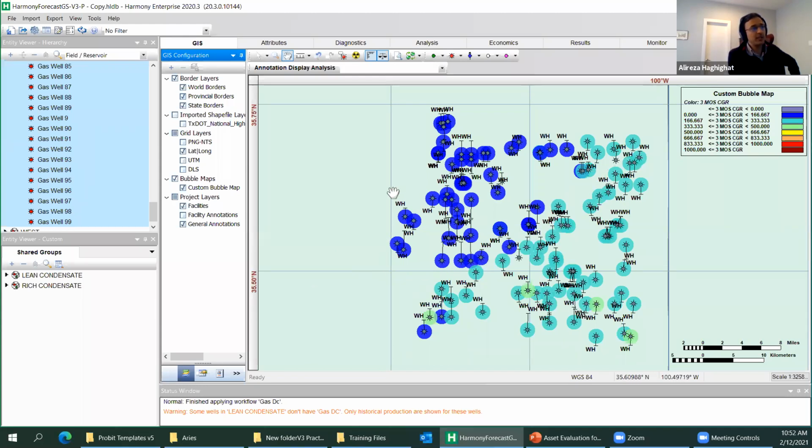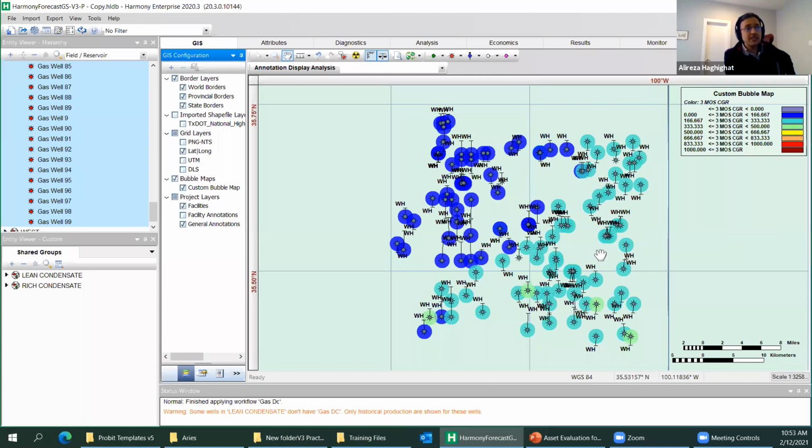The wells that are located in the north and northwest of our asset are showing a condensate to gas ratio below 170. And the wells that are located in the south and southeast are showing a condensate yield of 300 barrels per MMCF. So you can see we are dealing with an asset with different behavior, different characteristics.